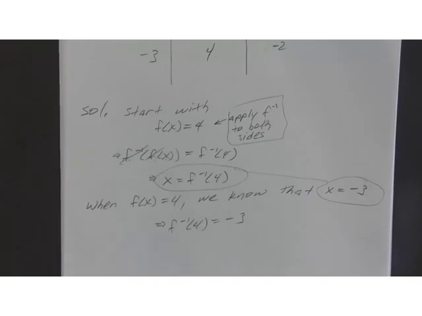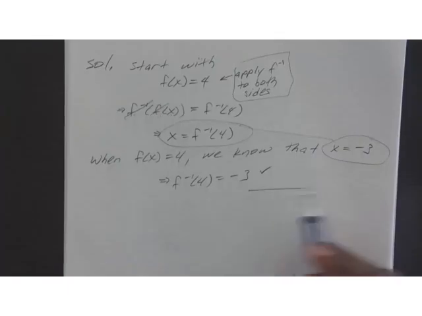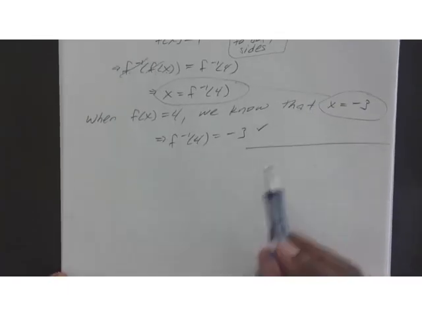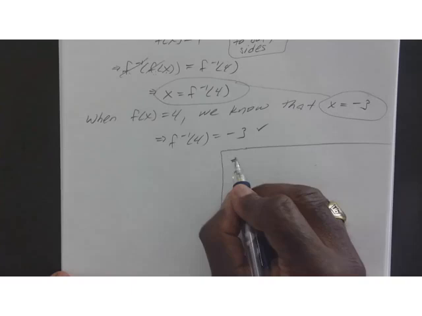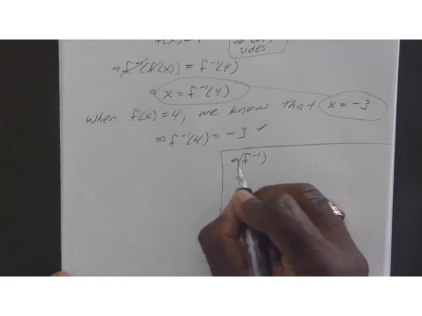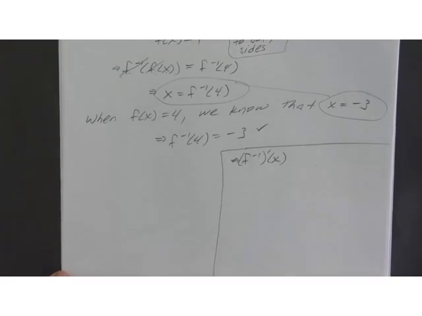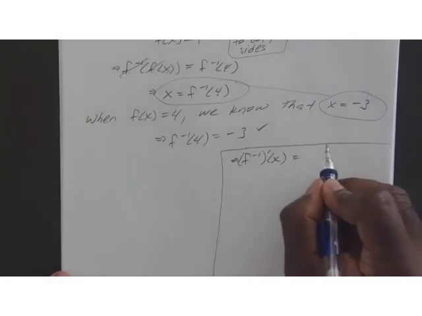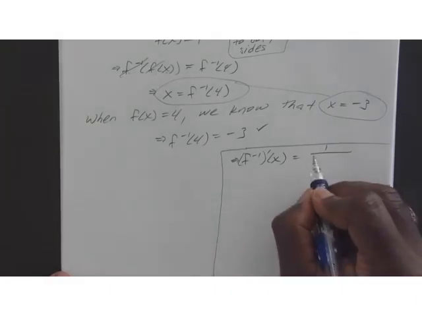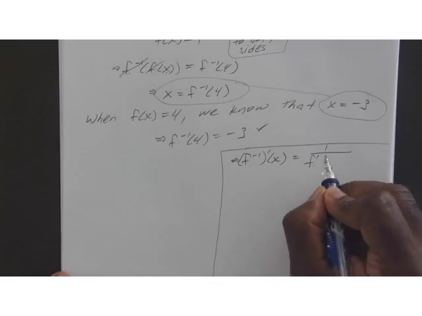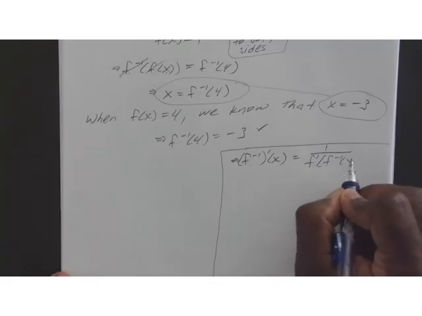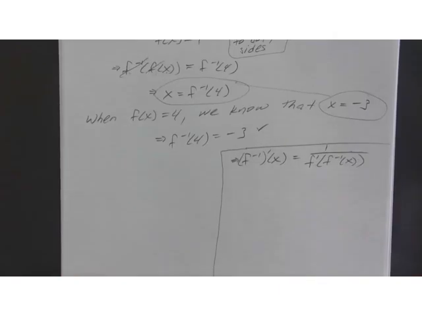Okay. So once we know our f inverse value, we can go ahead, move that up a little bit, and use our formula. So we know that f inverse prime of x is equal to 1 over f prime of f inverse of x.